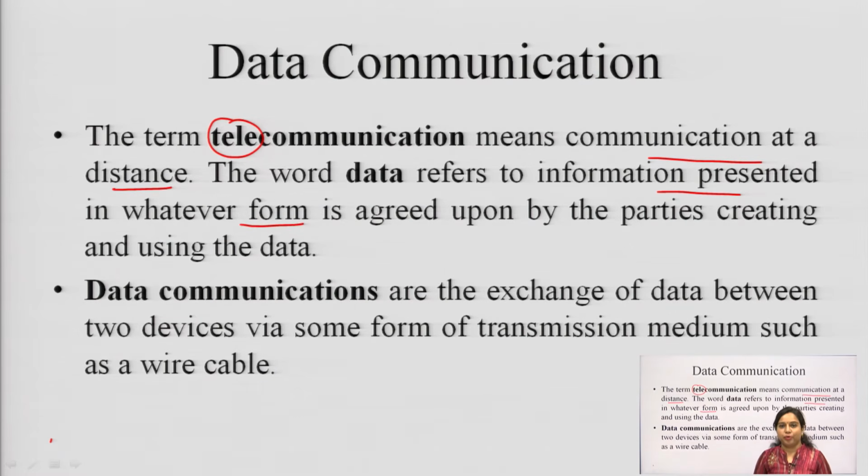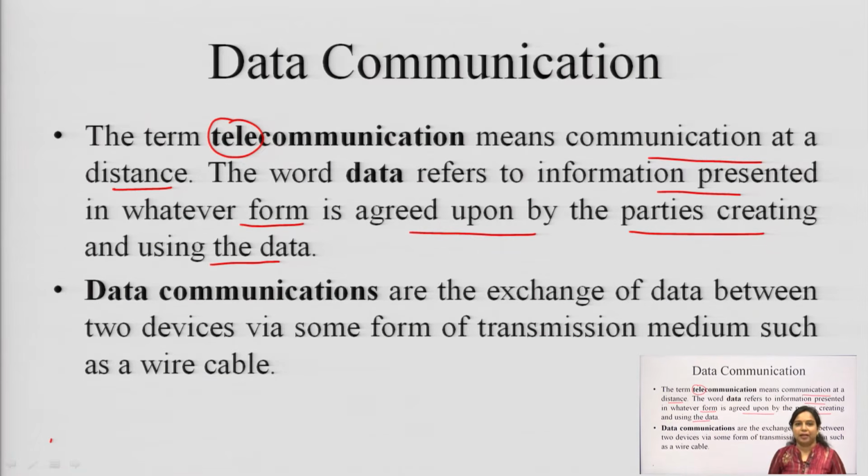If we process that particular data, it changes into the form of information. Information is data in the processed form. That is the basic difference between data and information. The word data refers to information presented in whatever form is agreed upon by the parties creating and using the data.